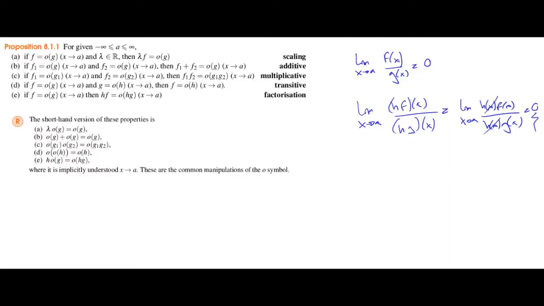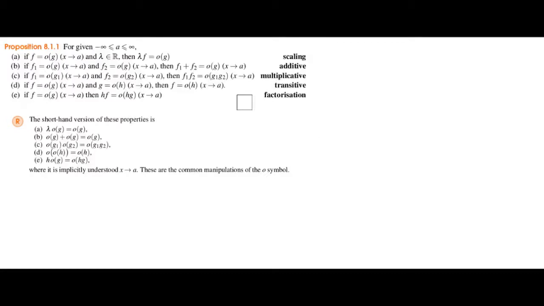Okay? So all of this, maybe this is very abstract, as we have been saying so far, but we have a very shorthand version of these properties that maybe is helpful. Okay, so we have small o of g multiplied by lambda is small o of g, right? Small o of g plus small o of g is small o of g. Small o of g1 times small o of g2 is small o of g1 times g2.